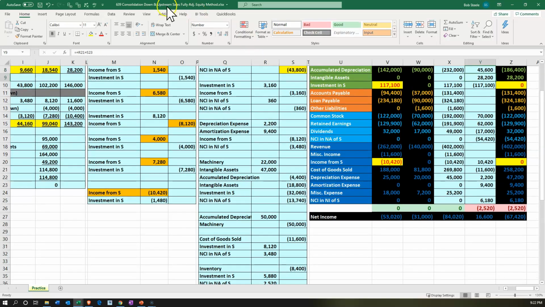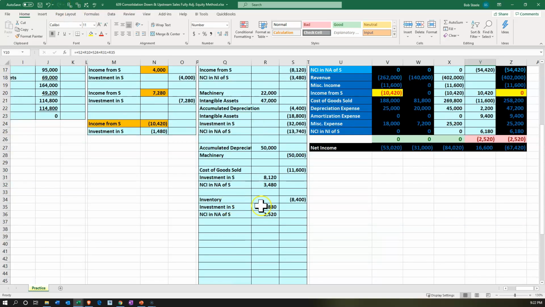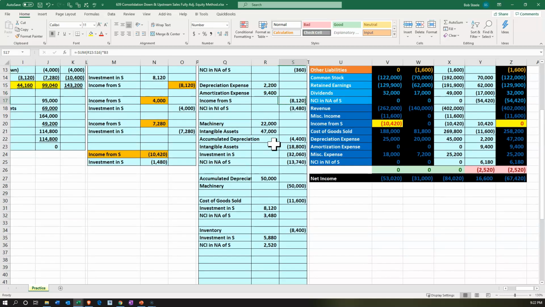Notice that brings this down to 0. So that's another way you can see that we needed that. I undid that, and you could see that we need that there. So that's another way you can back into this to think about it. And then we've got the non-controlling interest in net assets. So we're going to go in here and say this is going to be F2 plus F2. Okay, so there we have that.